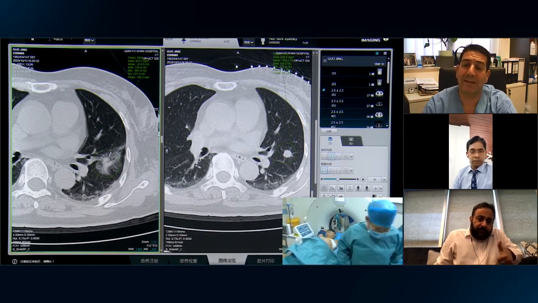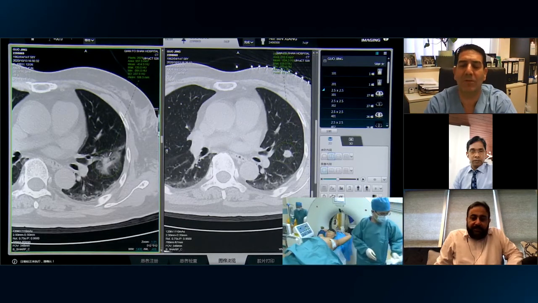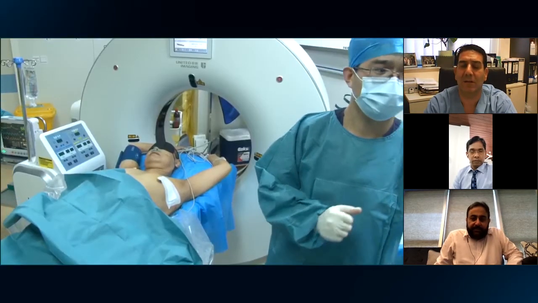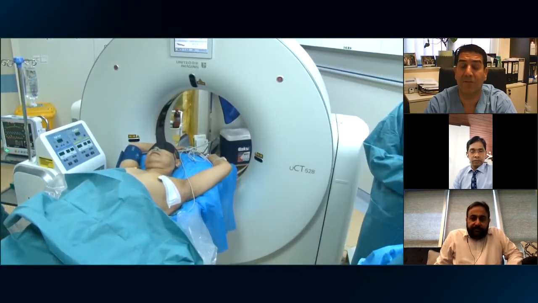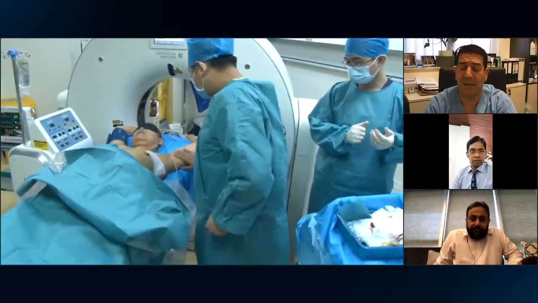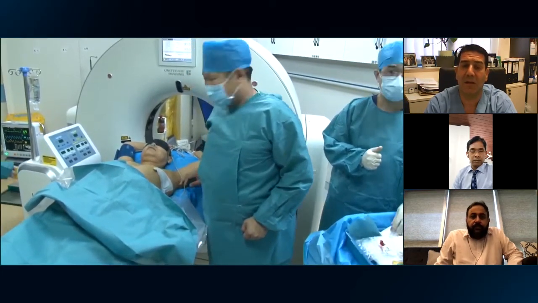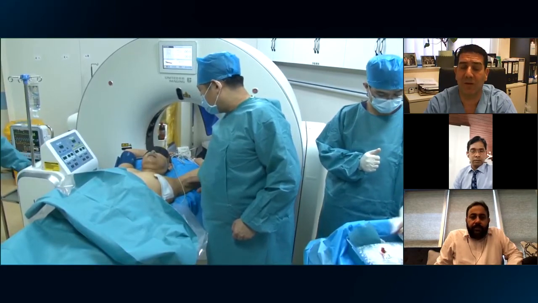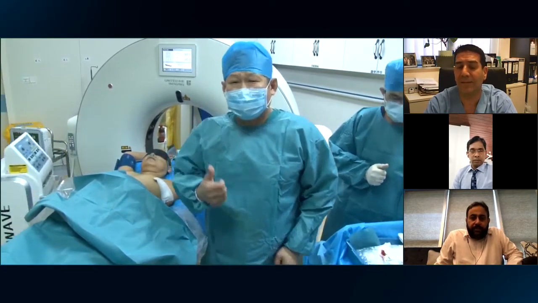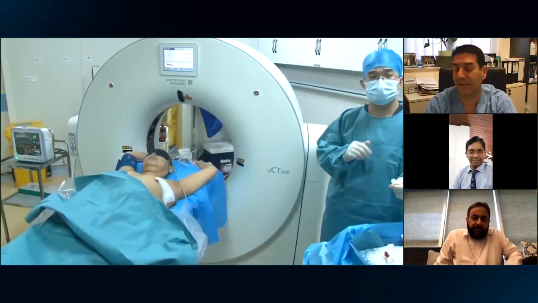There have been reports that there is a possibility of seed tracking, although using the protocol of track ablation, we haven't seen any of these seedings.